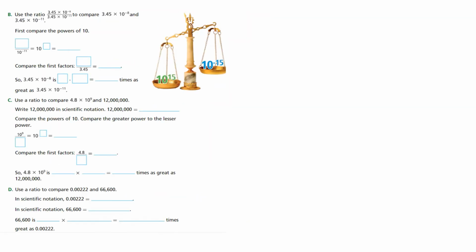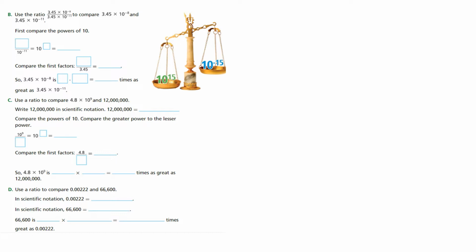Now here they are asking that we have a ratio and you have to compare that ratio. So look at the ratio. It is 3.45 times 10 to the power of minus 8 divided by 3.45 times 10 to the power of minus 11. Let me write it here for you.